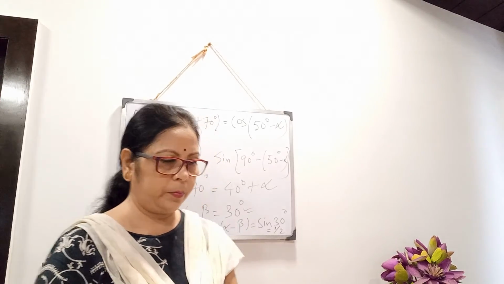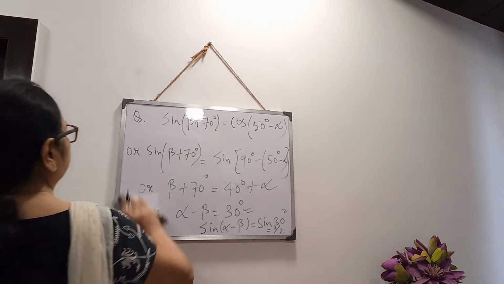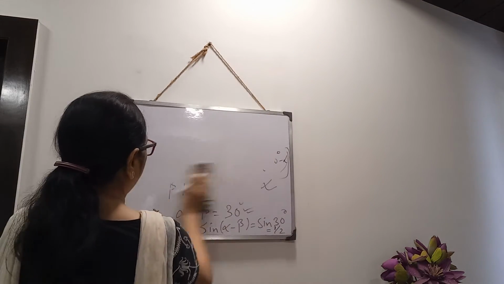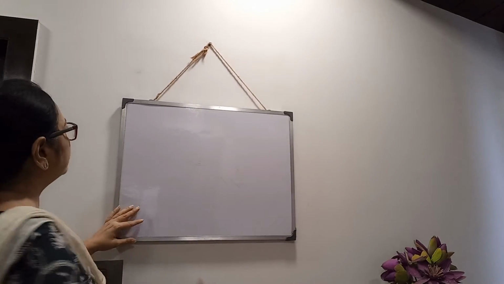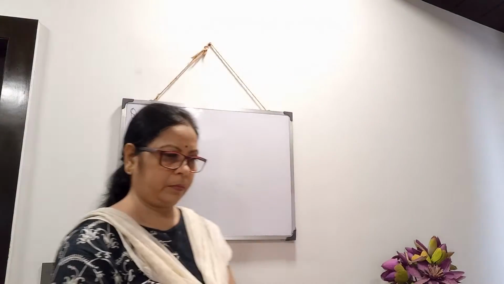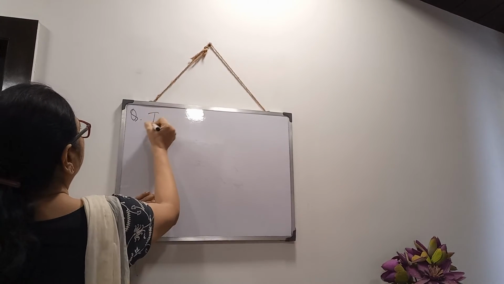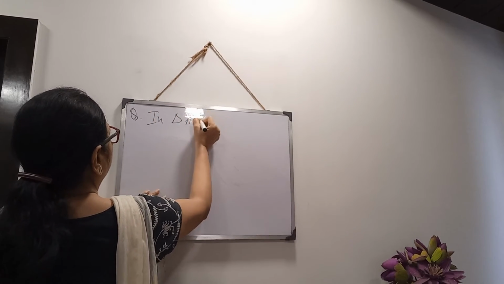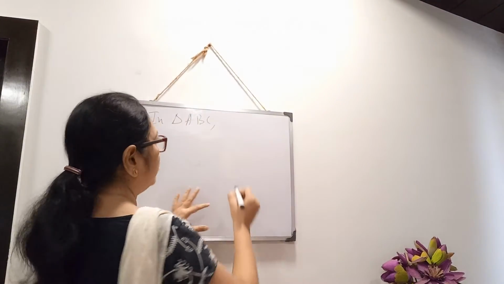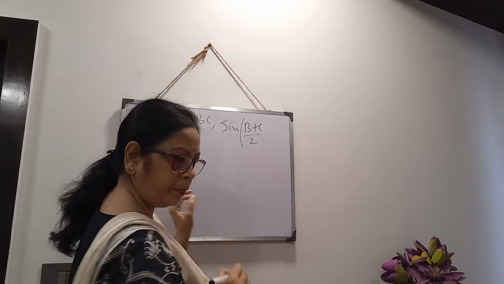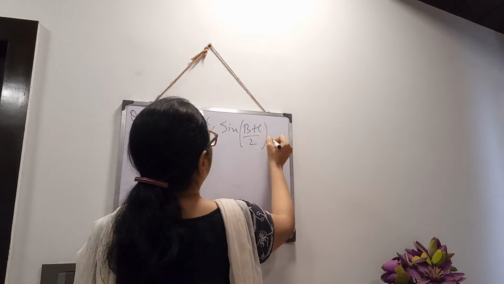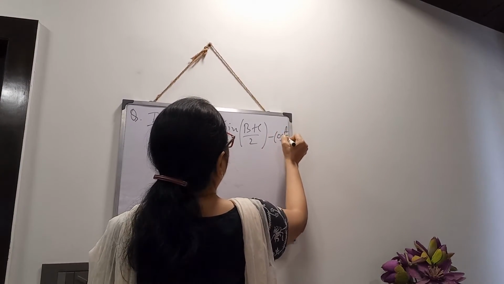Now this one in a triangle. This is an interesting sum. See, it is given that in triangle ABC, find the value of sin ((B plus C) by 2) minus cos (A by 2).